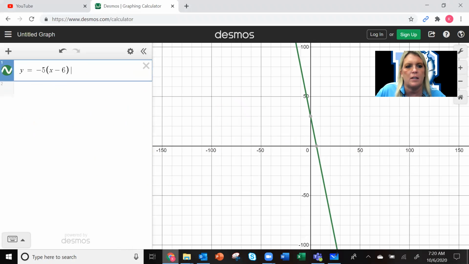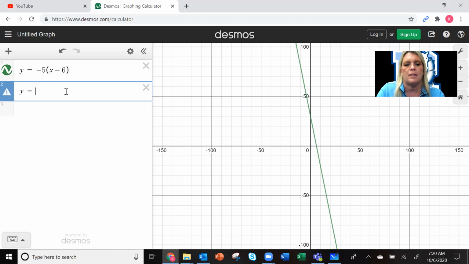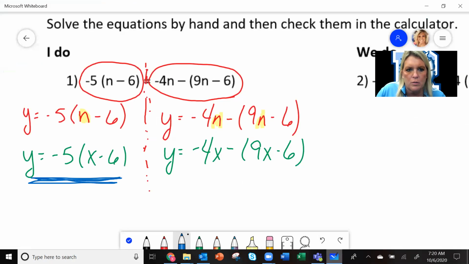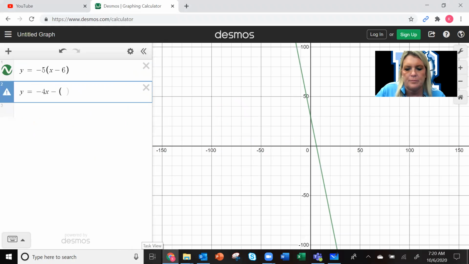So that's y equals -4x minus parentheses 9x minus 6, and I'll close the parentheses.